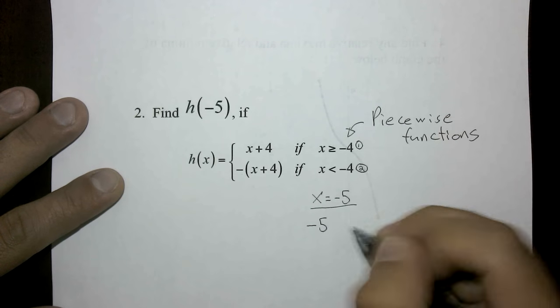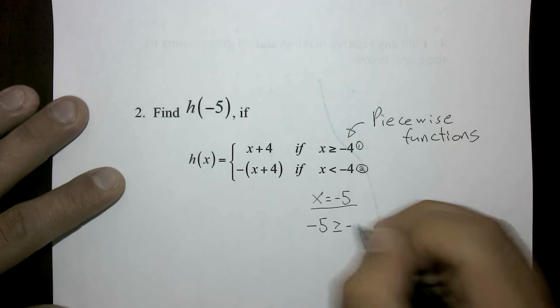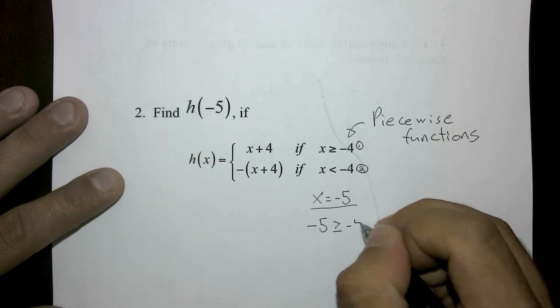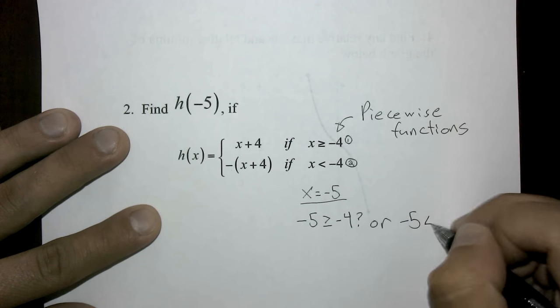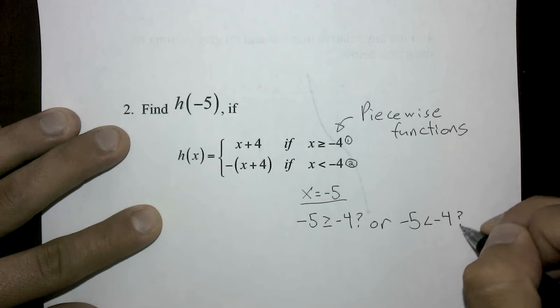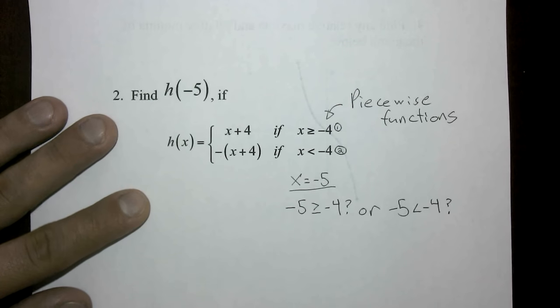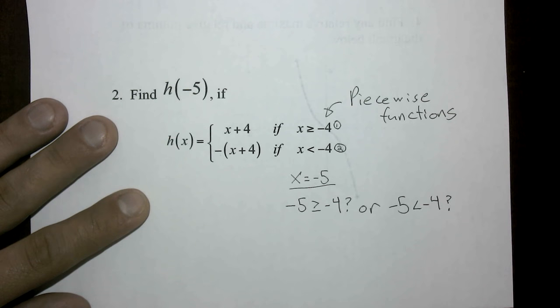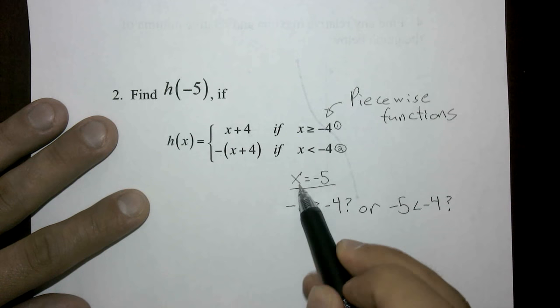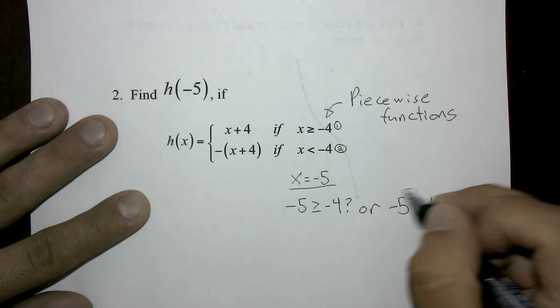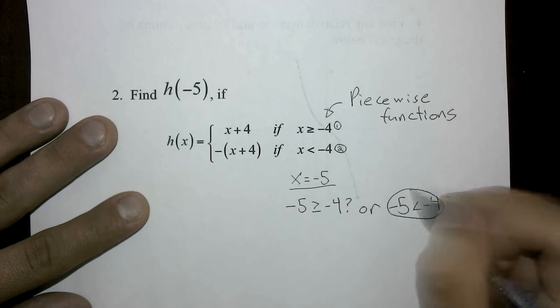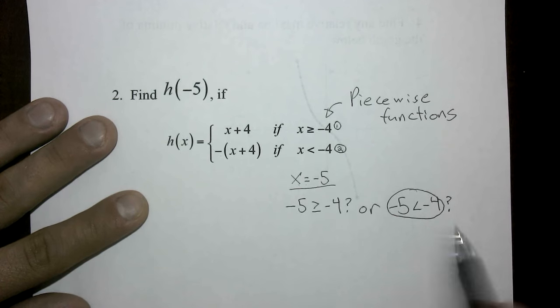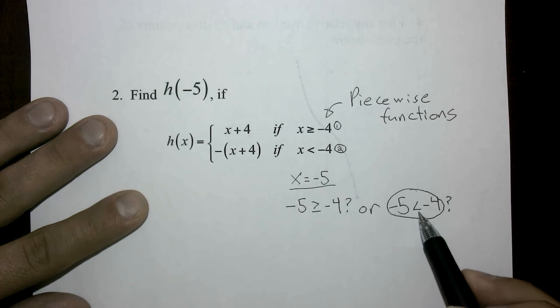So is -5 greater than or equal to -4? Or is -5 less than -4? I'll give you a moment to think that out. So you should be saying that if x is -5, we're going to have this second case work for us because if we evaluate this logically, -5 is definitely less than -4.